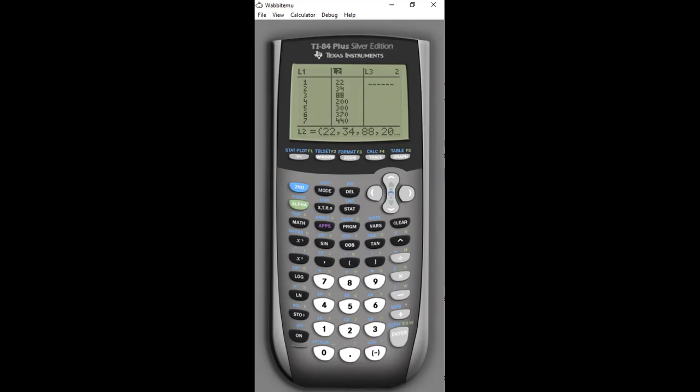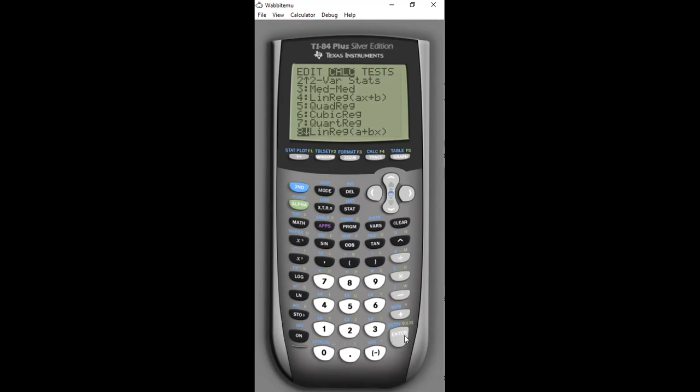Okay, so the first question they ask is, if I want to find the regression line, B0 plus B1X, how do I do that? After you input the data, you press stat, and instead of going to the tests, you go to the calculations. This calculation menu can do a lot. In here, we want to do linear regression A plus BX, where A is our B0 and B is our B1.